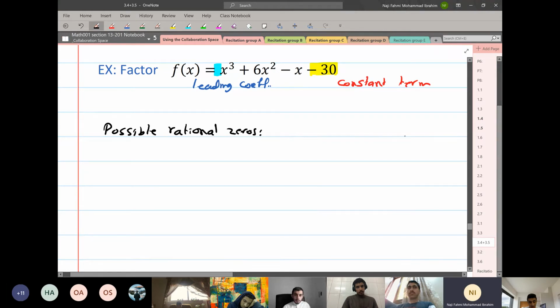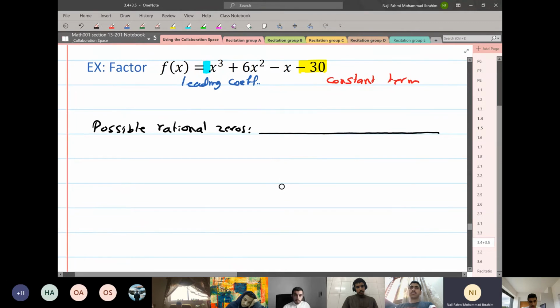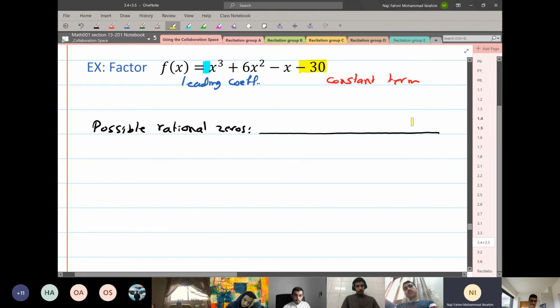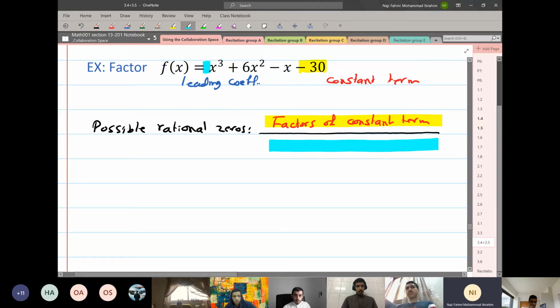So what does that mean? These are the possible zeros. Possible means they may be zeros and they may be not. How to find them? I have to divide all the factors of the constant term by the factors of the leading coefficient.